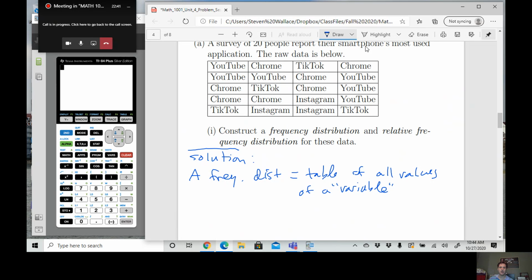Okay, so in this case, the variable is most used app, together with their frequencies. Frequencies are the count, okay, or tally. So a frequency distribution is just a tally chart.